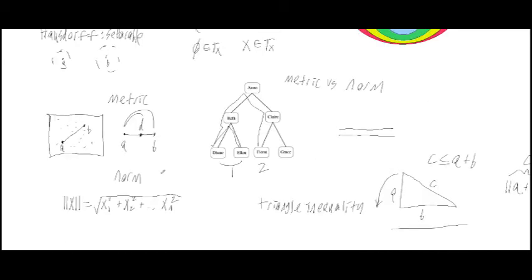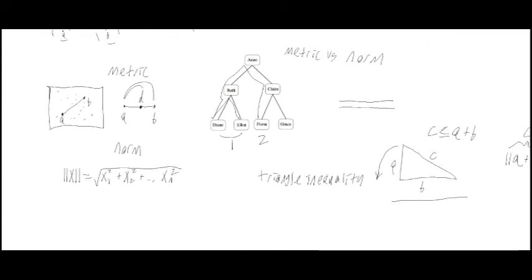The next step up is what's called an inner product space. So we have our metric, we have our norm, and then we have our inner product space. As I said, in an informal, non-rigorous way, you can think of this as introducing angles into our space.